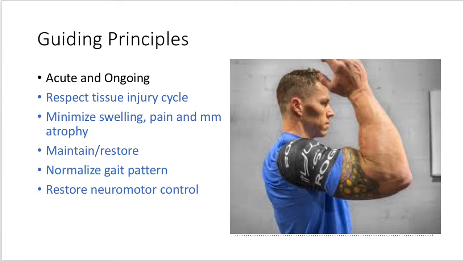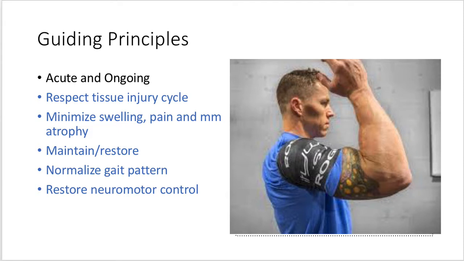Maybe someone comes in with an ACL, they're doing phenomenal, you've just gotten into adding in a lot more of the functional components, and then they come back 2 days later and their knee is very swollen. Well, you're going to come back to that. You probably did too much. There's an injury cycle that happened in that tissue, so you're going to have to come back and manage the swelling and the pain.